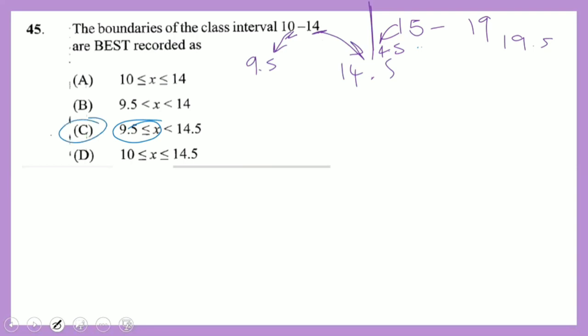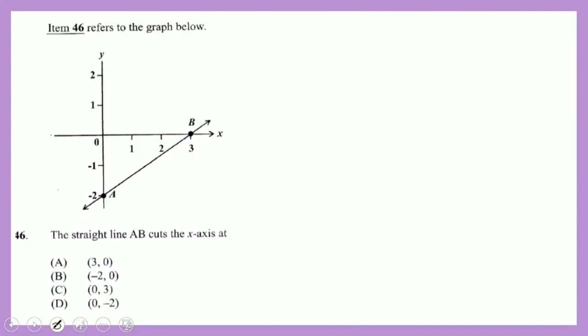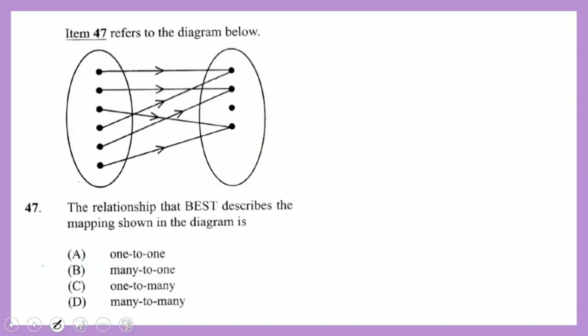I hope that explains it in a nutshell. Number 46. This line AB cuts the x-axis where? This is the x-axis. The line cuts it at the coordinates 3, 0. What kind of mapping is this?